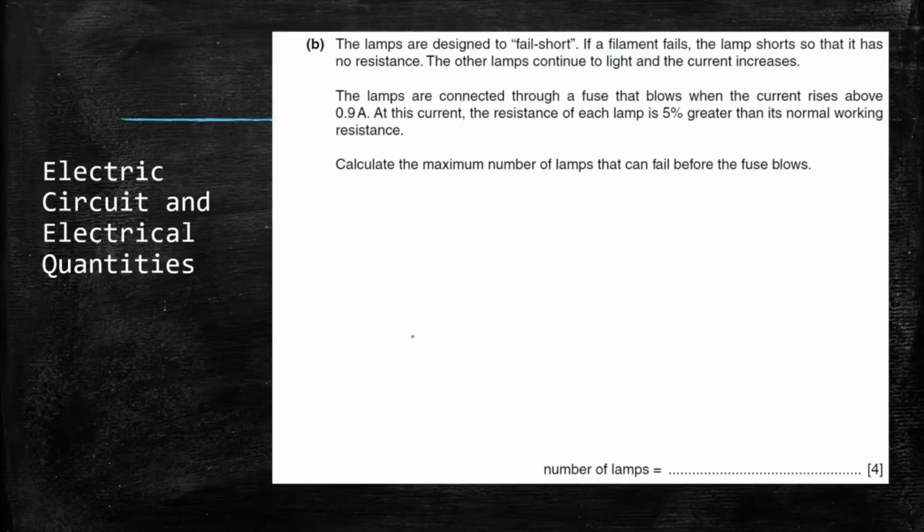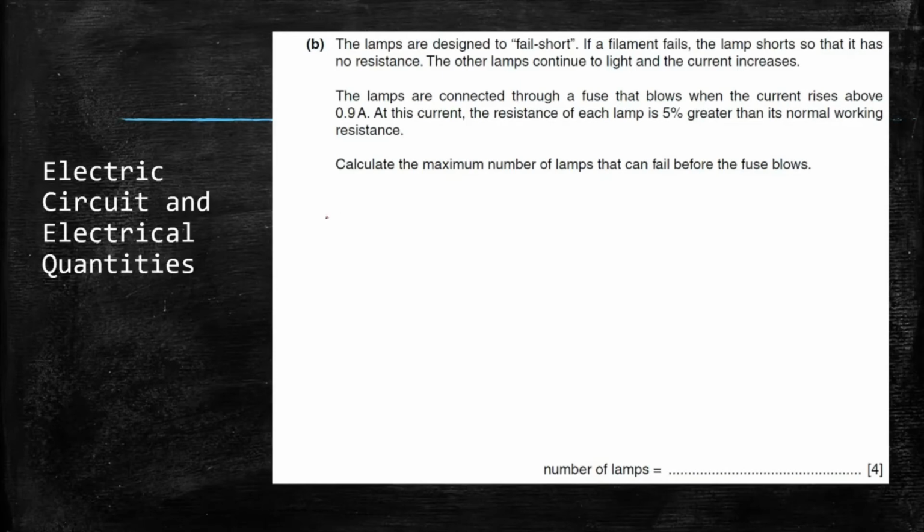The lamps are connected through a fuse that blows when the current rises above 0.9 ampere. At this current, the resistance of each lamp is 5% greater than its normal working resistance. Calculate the maximum number of lamps that can fail before the fuse blows.